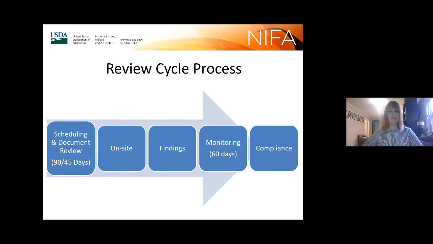The other option is that we conduct our review and we find some things that we'd like you to change or improve or fix, and in that case you'll receive what's called a letter of concern. The letter of concern is a proactive letter that very succinctly lists what items we would like you to change, related back to the review areas.